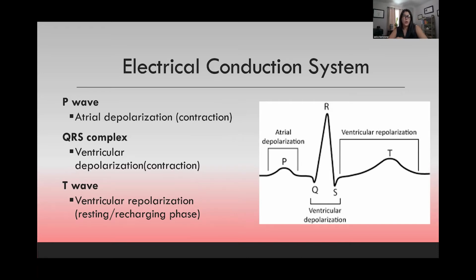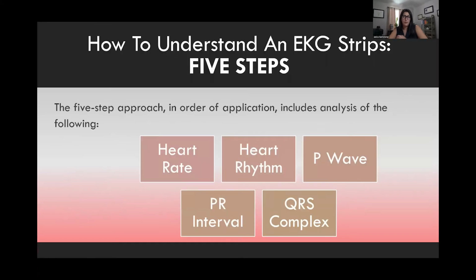Now, in order to understand an EKG strip, we need to look at 5 steps. Well, I call them 5 steps. You can call them either way, but I always ask myself 5 questions and perform 5 steps. You need to find out the heart rate. You need to find out what the rhythm is, if it's regular or irregular.